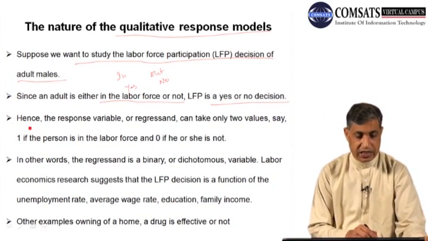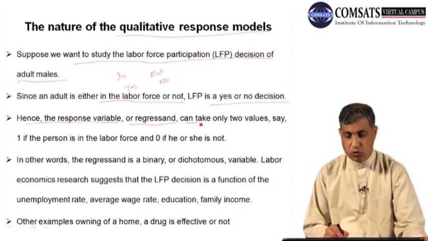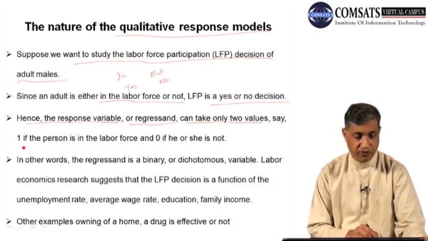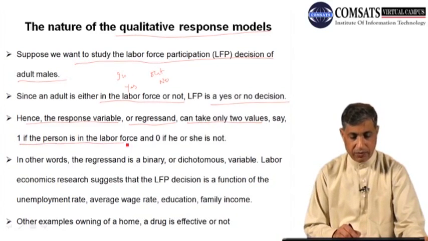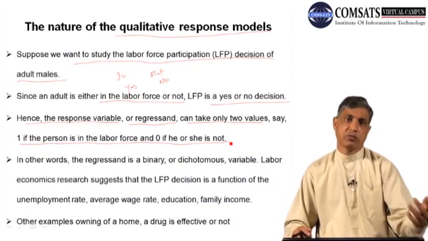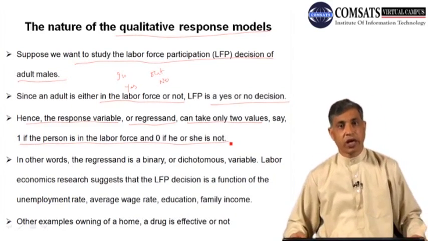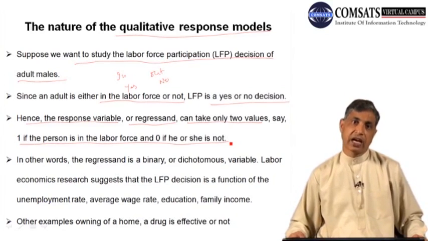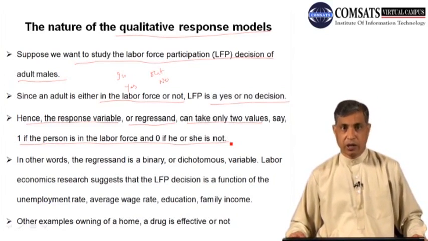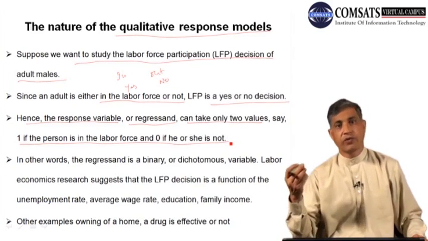Going further, the response variable or regressand can take only two values, say one if the person is in the labor force and zero if not. Again, this is a binary variable: when you ask people whether they are in the labor force category or not, they can give only two answers.